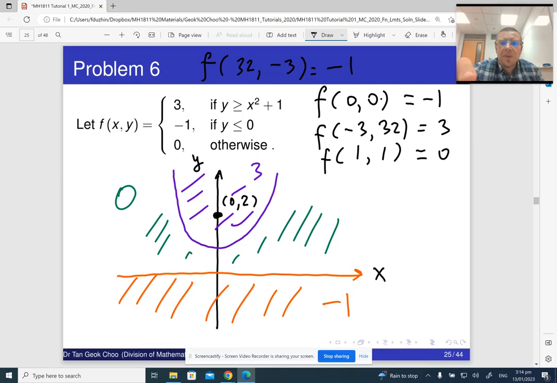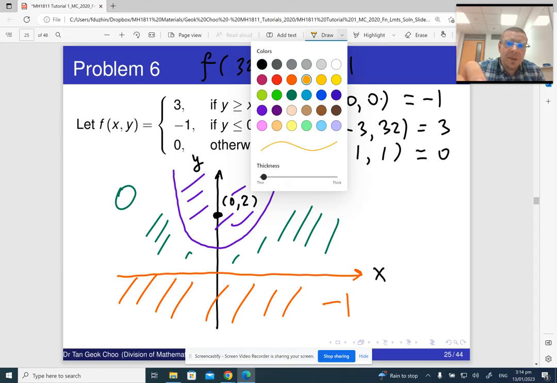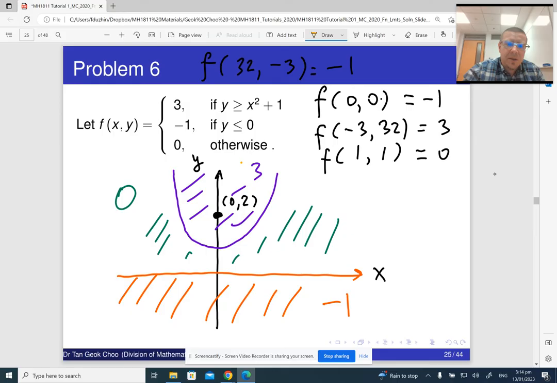So if you pick any path that approaches this point, along this path near the point, the value of my function is always 3, regardless of the path.